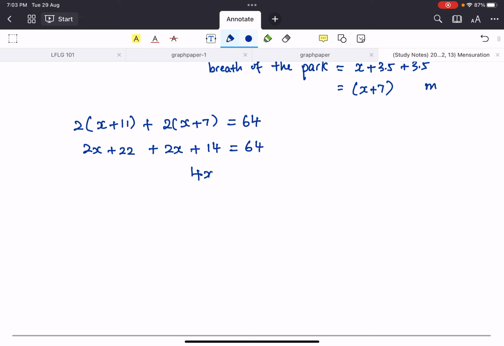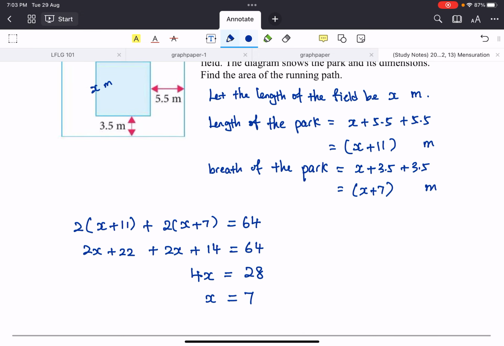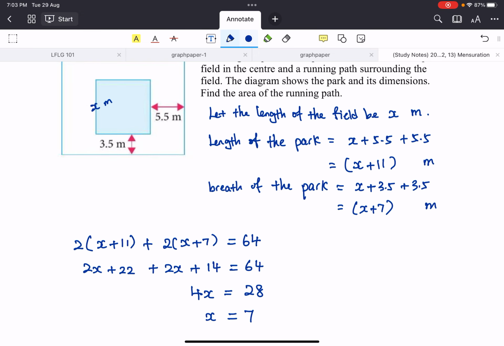So 4x is equal to 28. x is equal to 7. So we solve the equation, we obtain x. Now that we know the value of the unknown, let's go back to see what we are really trying to find. Let's confirm: we are trying to find the area of the running path.